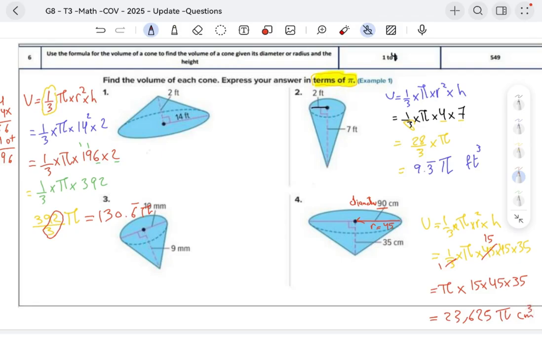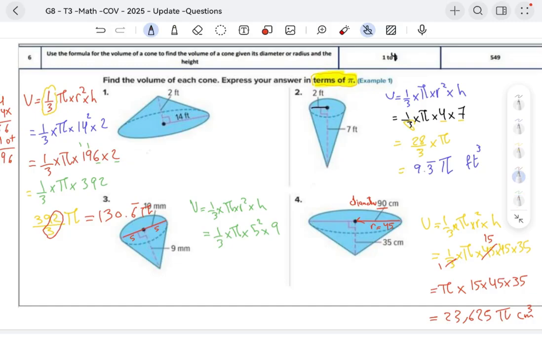You have to do the same here for question number 3, but remember they give us the diameter. The diameter is 10, so the radius is 5. So let's write the formula. The volume of the cone is 1/3 the volume of the cylinder. 1/3 times pi times the radius, 5, 5 squared, times the height, which is 9.